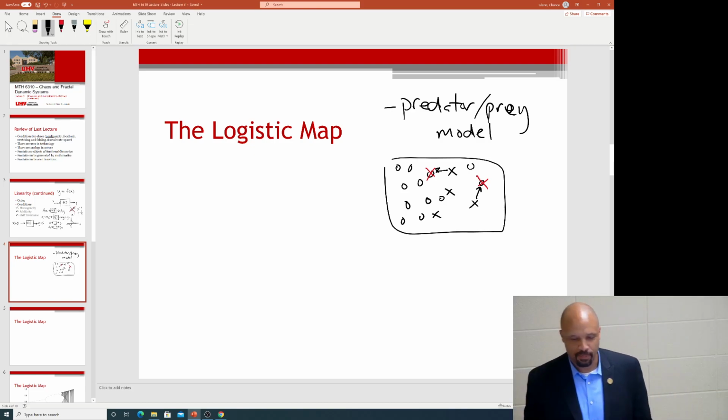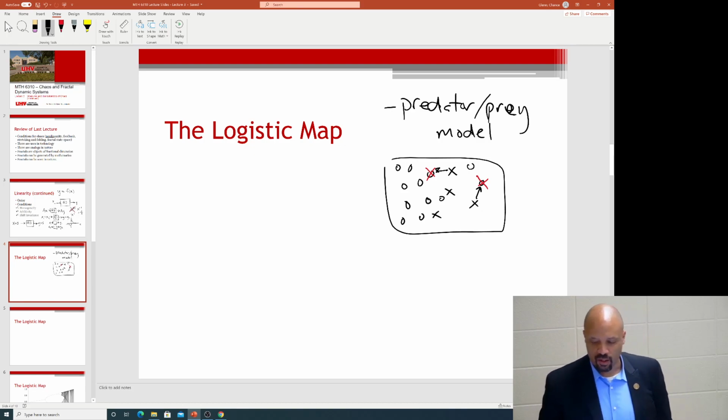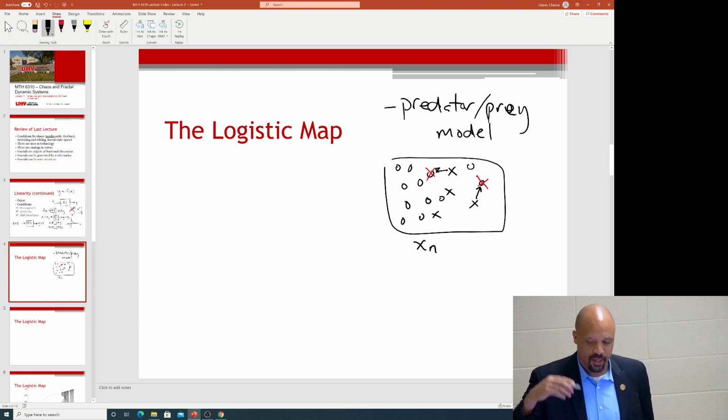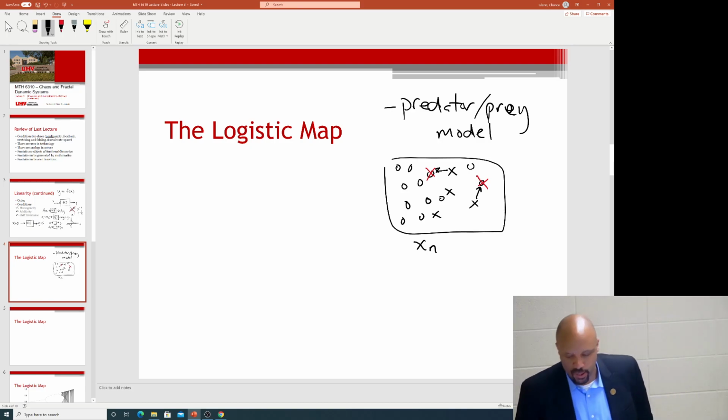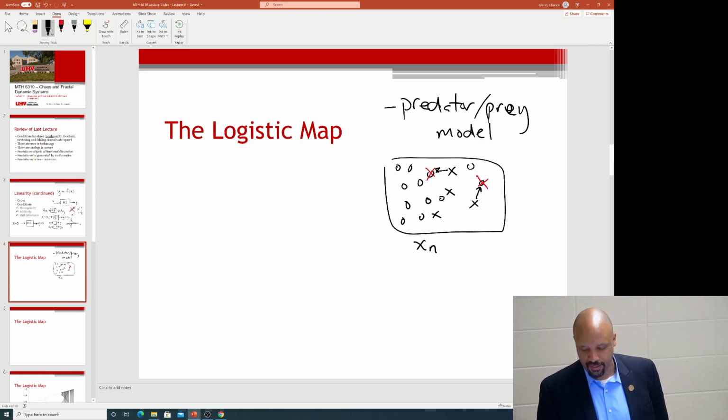And a simplified model for it would look at the number of, let's call X the number of prey at any given time, any moment, any iteration, and you can just keep looking at that. So at X1, then X2, X3, so on to X, 1 million.